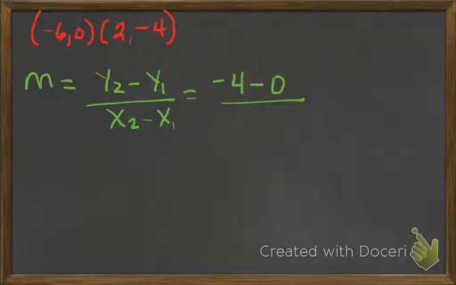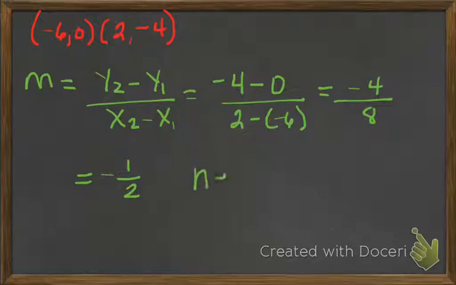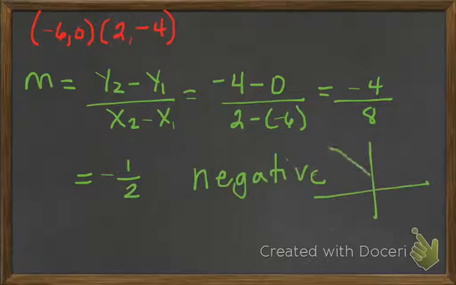Our x2 is 2 minus -6, which gives us a slope of -4 over 8. We want to reduce this to -1/2. A negative slope is falling. So that's a negative, and it's falling as we go from left to right.